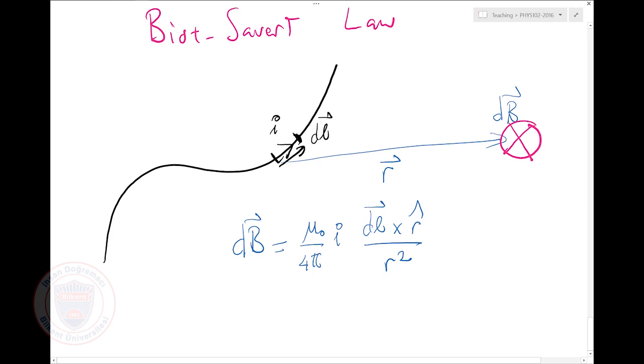Furthermore, it's telling me one more thing. What was the magnitude of dl cross r? It's dl magnitude, r magnitude, sine of the angle between them. So this small section is going to create zero magnetic field along its line of sight, and it will create the most field in the direction perpendicular to it.